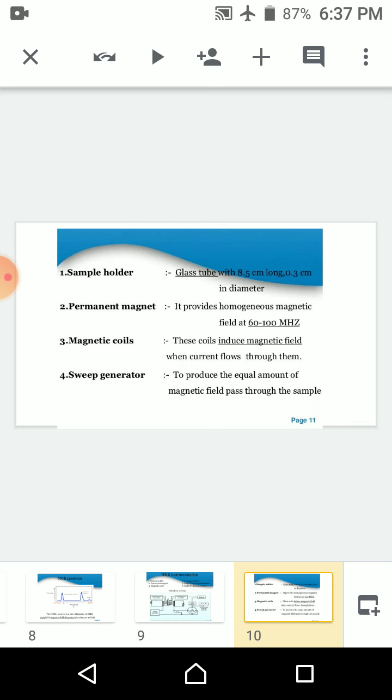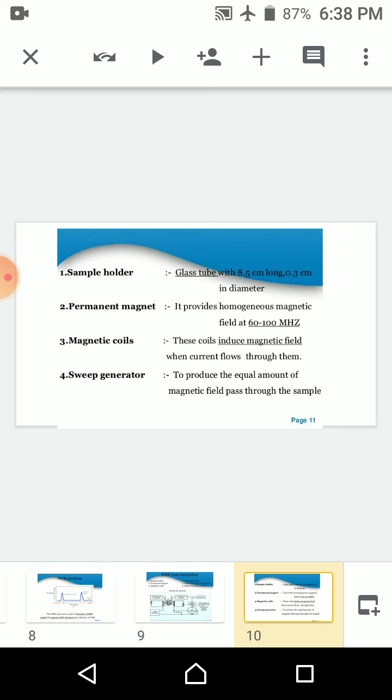The sample holder is a glass tube that is 8.5 centimeter long and 0.3 centimeter in diameter. Permanent magnet: it provides a homogeneous magnetic field between 60 to 100 megahertz. Third one, magnetic coil: this coil induces a magnetic field when current flows through it.